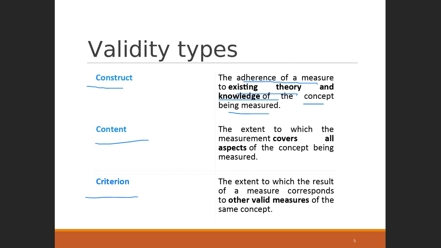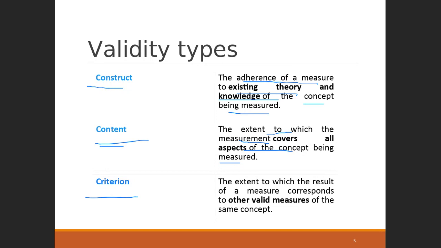The second type is content validity. It is the extent to which the measurement covers all the aspects of the concept being measured. So content validity assesses whether a research instrument is representative of all aspects of the construct.